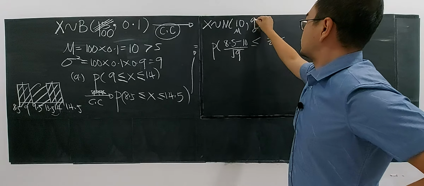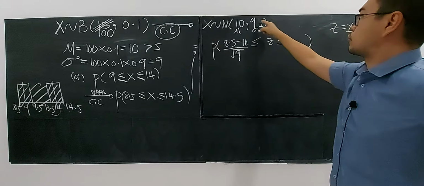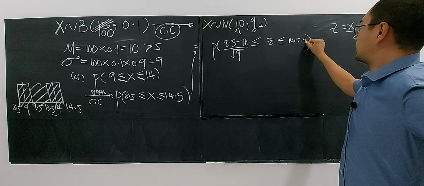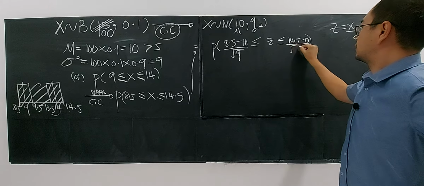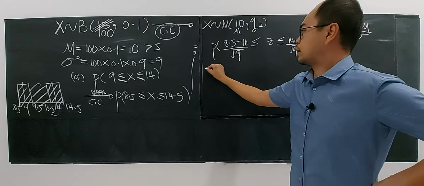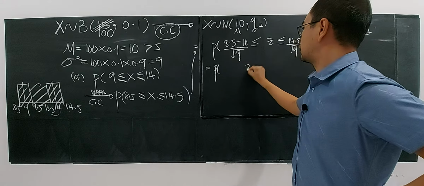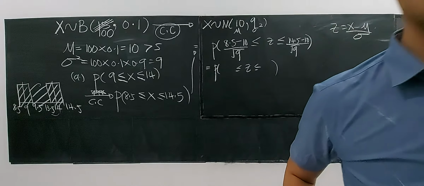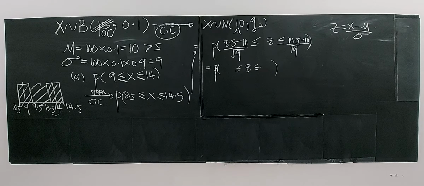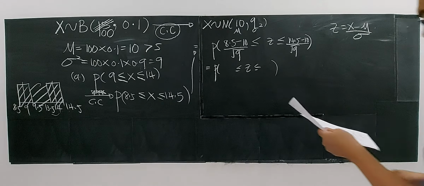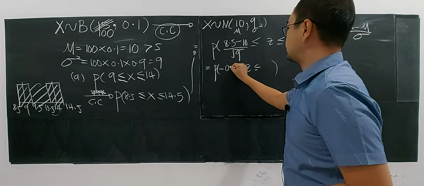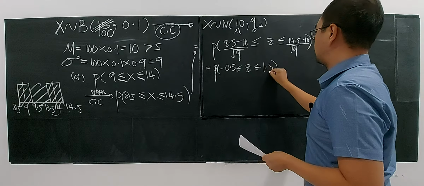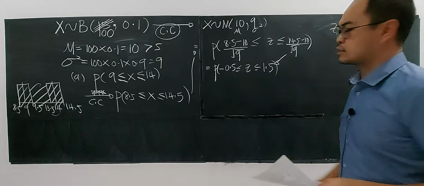This is the variance, so the standard deviation will be square root of 9. Same thing for 14.5 minus 10 divided by square root of 9. Then, from the calculator, Z lies between negative 0.5 and 1.5.